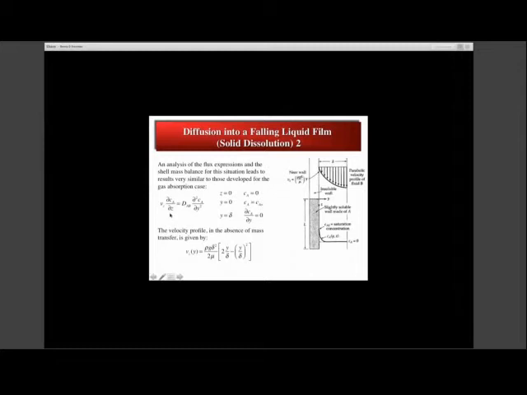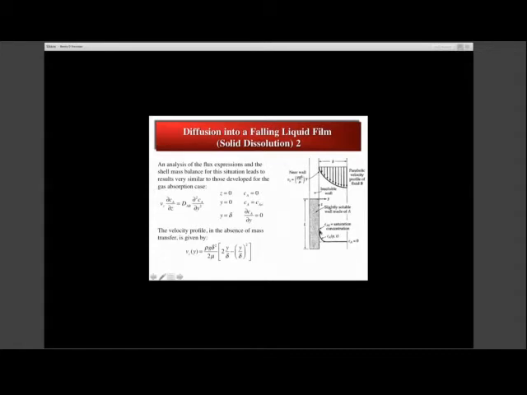That is, that the mass transfer of A in the Z direction, that is with the fluid motion, is dominated by convection. The mass transfer of A in the Y direction, that is away from this wall, is dominated by diffusion.